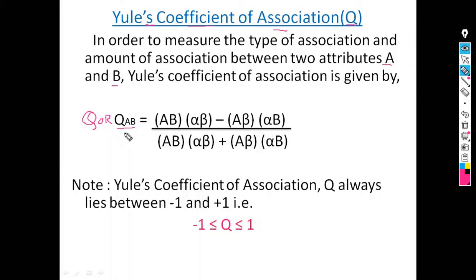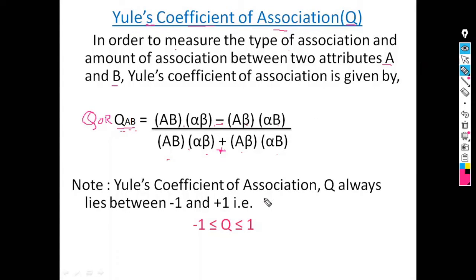It is given as Q of AB is equal to AB into alpha beta minus A beta into alpha B, divided by AB into alpha beta plus A beta into alpha B. Both these terms are the same, the only difference is that in the numerator there is the negative sign and in the denominator the positive sign. So Yule's coefficient of association is denoted by Q of AB, and it is used to measure the type of association between the two attributes.